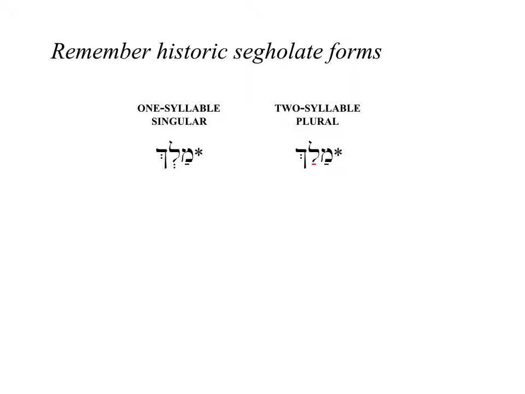As long as you start with that historic starting point, the process of carrying out the vowel changes will work very simply for you, and you should be able to get through the process with no problem. So give it a try. Use it as a learning experience and see if you can start to see the reasons why the words show up in the biblical text the way that they do.